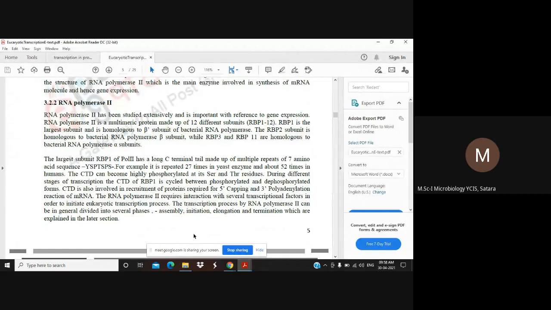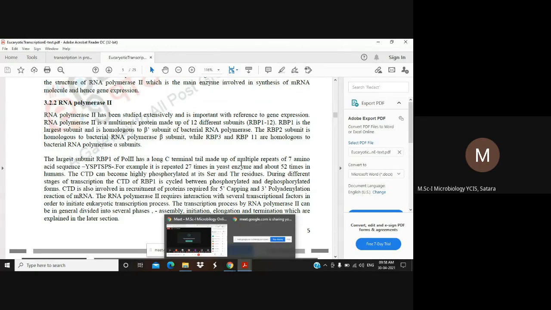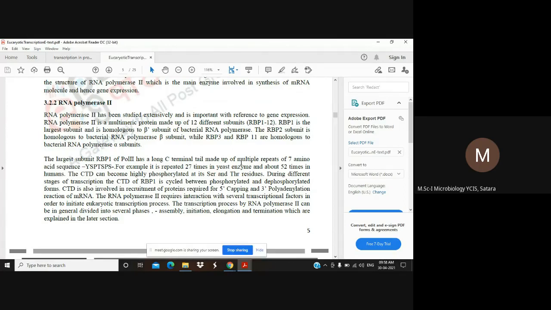So RNA polymerase 2 चं जास्त डीपली स्टडी केलेलं आहे. किती सब युनिट्स आहेत त्याच्यामध्ये, is made up of about 10 to 12 subunits. Then त्याचं जे लार्जेस्ट सबयुनिट आहे, इट इज होमोलॉगस टू कुठल्या सबयुनिटशी सिमिलर आहे ते, homologous to beta dash subunit of the bacterial RNA polymerase.